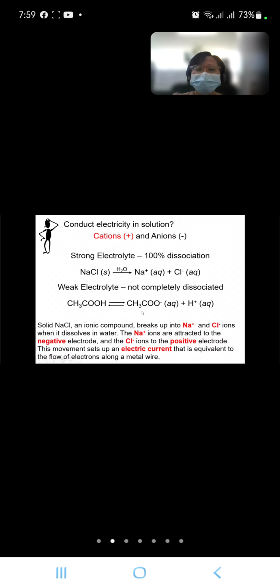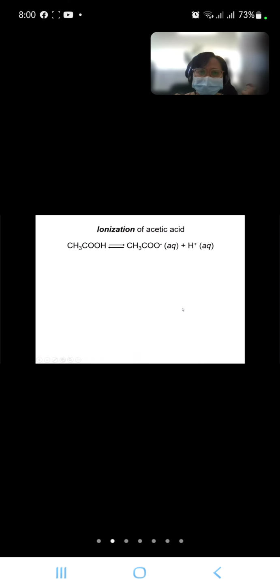So there is incomplete dissociation. In the solution, you can find aqueous acetate ions and aqueous hydrogen ions, and also the molecule acetic acid. Because, as I have said, after some time they will bond again to form back the original substance. So it's a weak electrolyte.